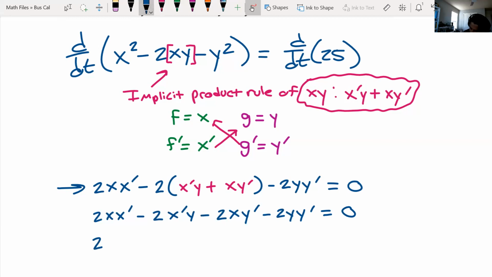So that means that this term and this term, they're both moving to the right side. So we're going to get 2x x prime minus 2x prime y equal to 2x y prime plus 2y y prime.